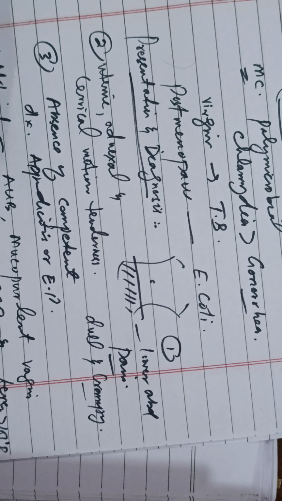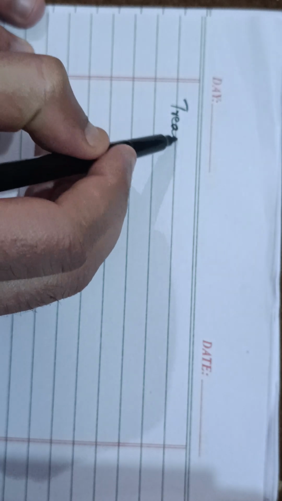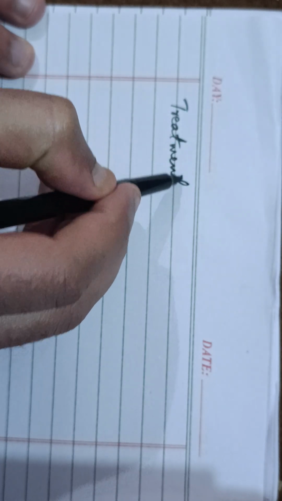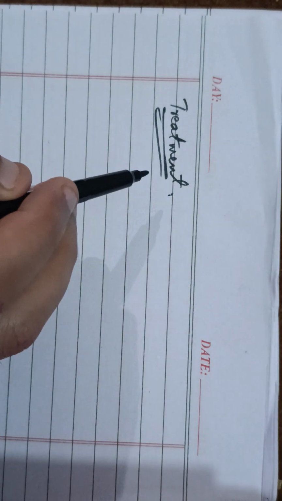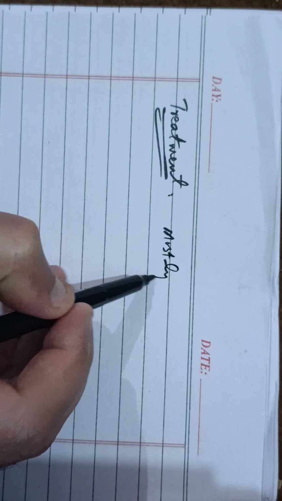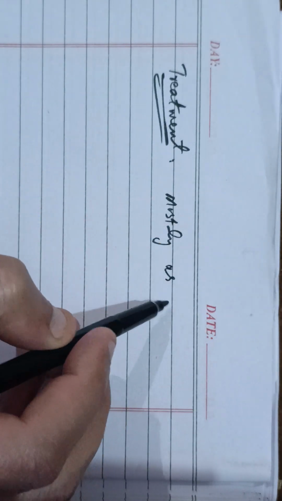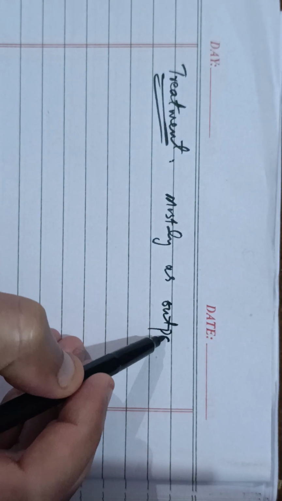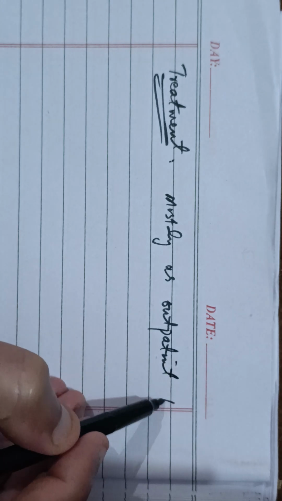Okay, now let's come to the treatment. A patient came with PID, you diagnosed it, then what will be the treatment options? Mostly PID patients are treated on an outpatient basis.